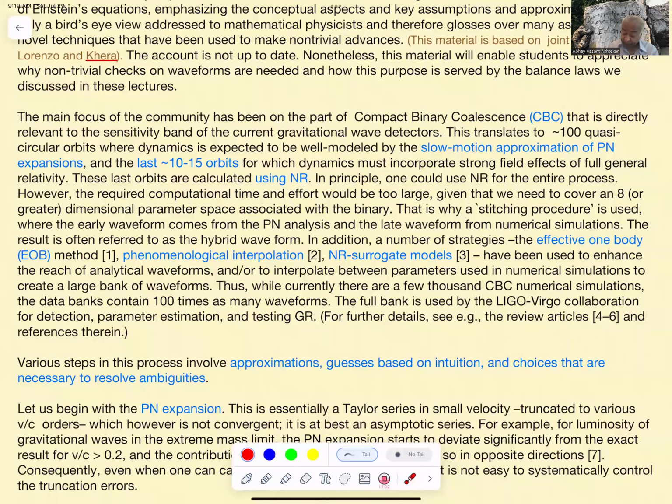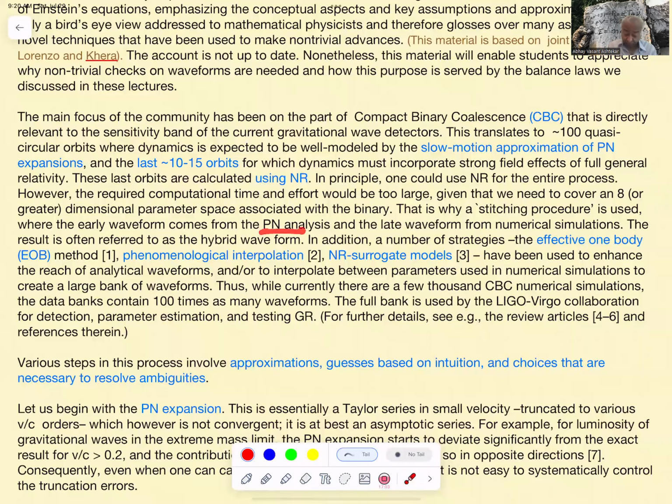And that is why a stitching procedure is used to take the post-Newtonian orbits and the post-Newtonian waveforms and stitch them with the numerical waveforms. And now I'll explain what stitching means in the next slide.